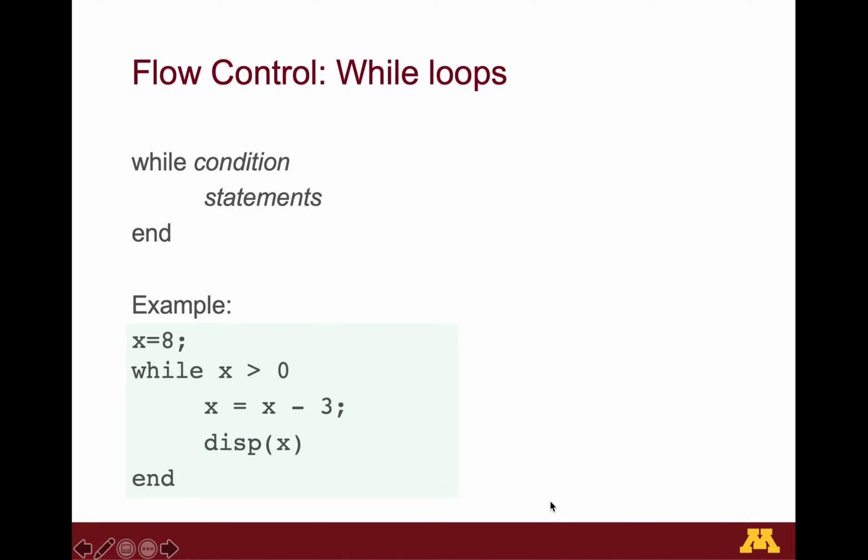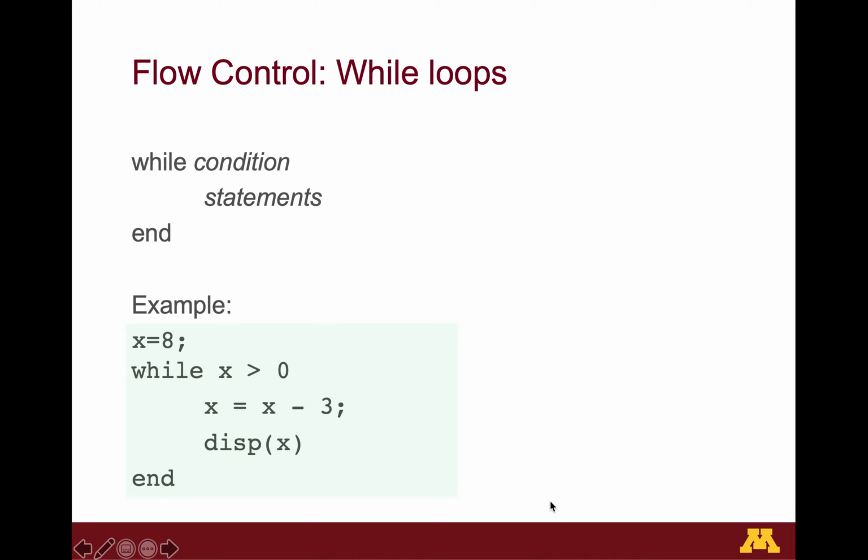So some examples of the while loops. Again, revisit the while loop structure. While condition, if the condition is met, then the statements will be executed until the condition is not met anymore. Then we can end the while loop.